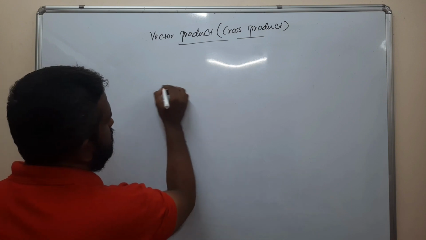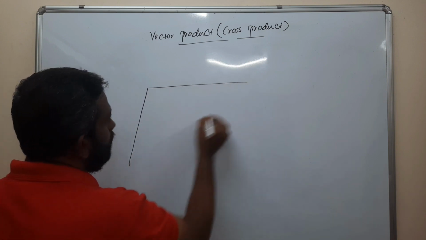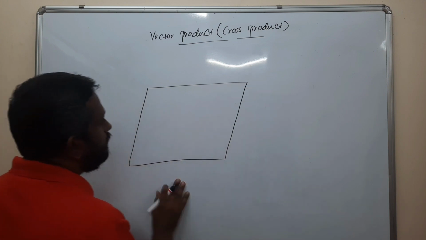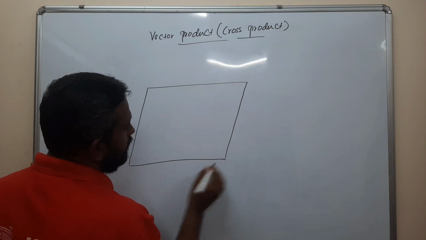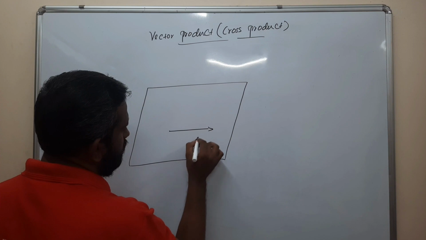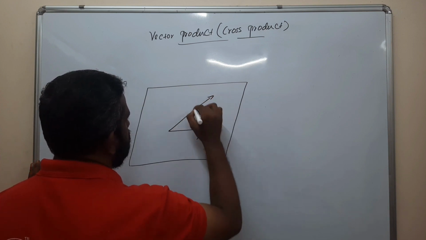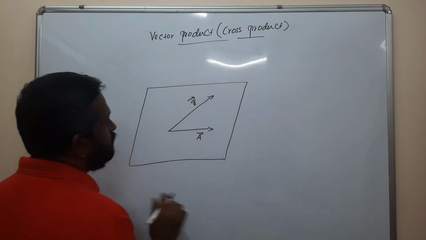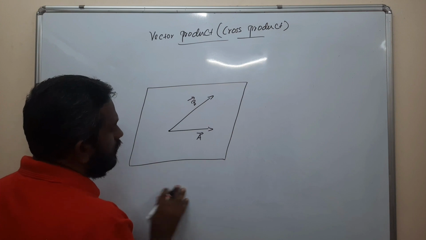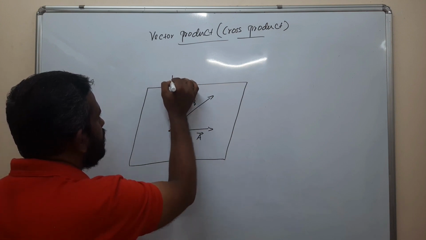So the direction of the normal is perpendicular to the plane.